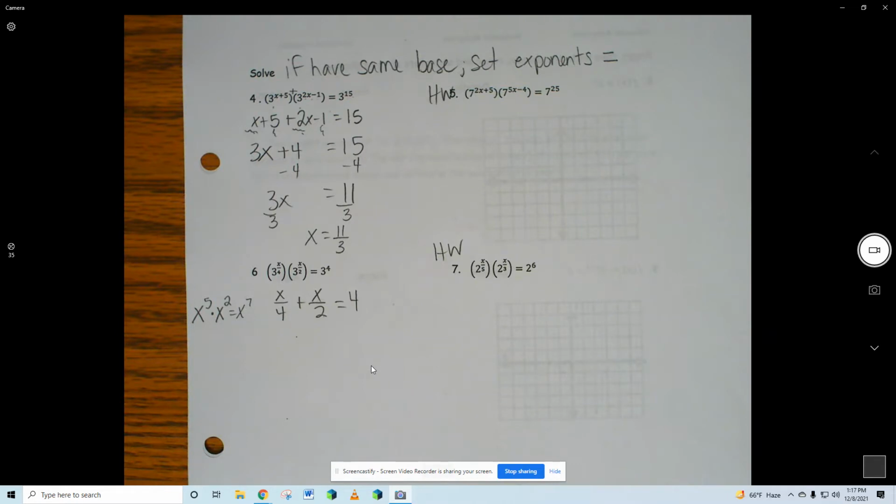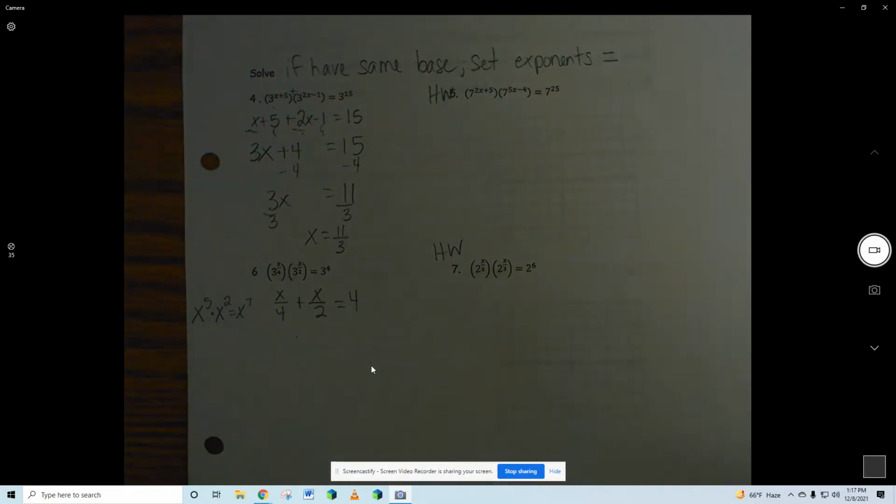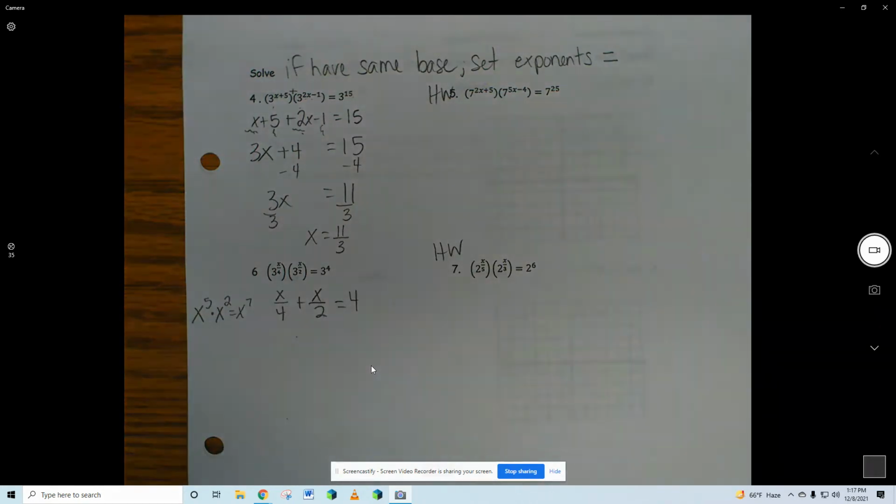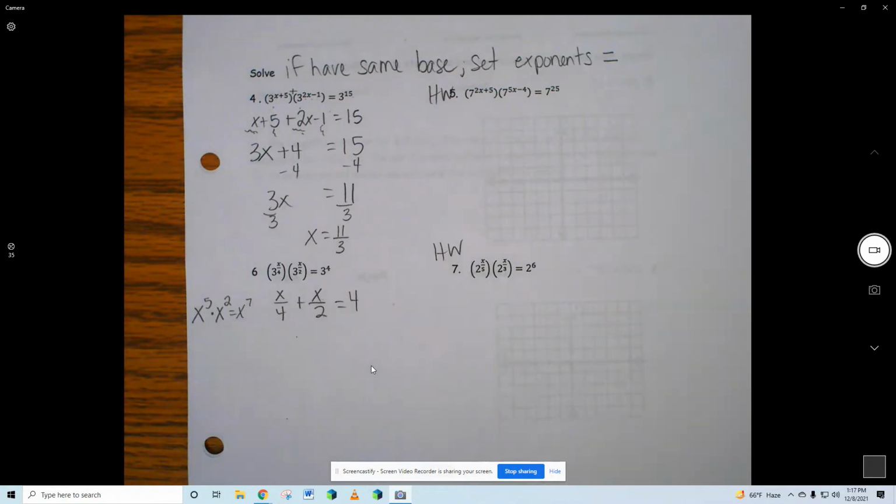This type of math problem requires me to get rid of the denominators. I don't want the fractions there. I have to clear the fractions. How do I get rid of the 4 and the 2? The denominator is important.